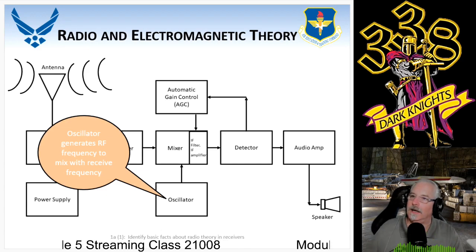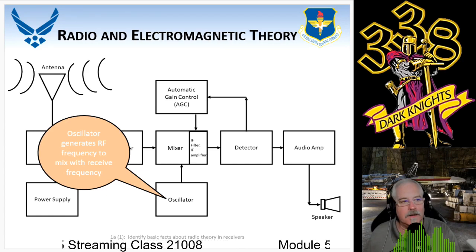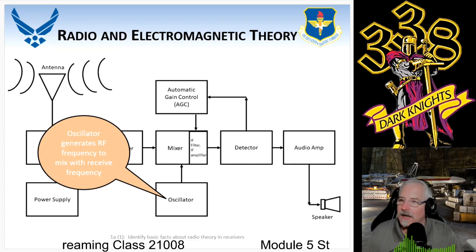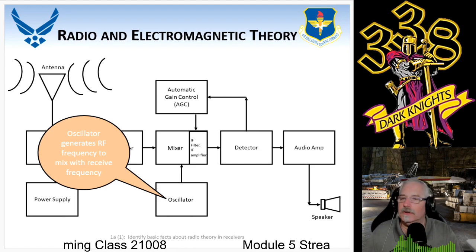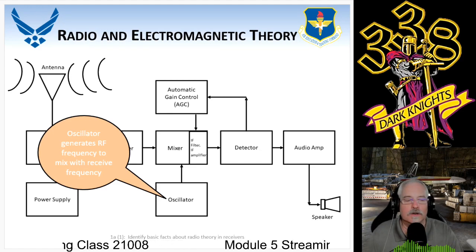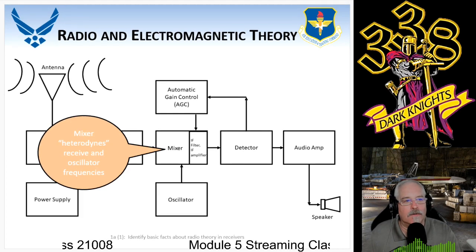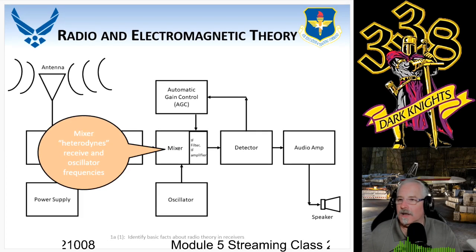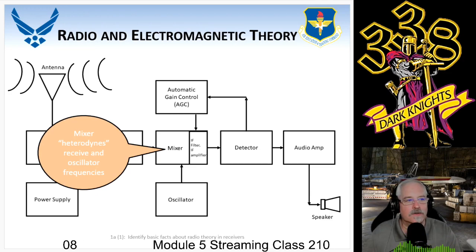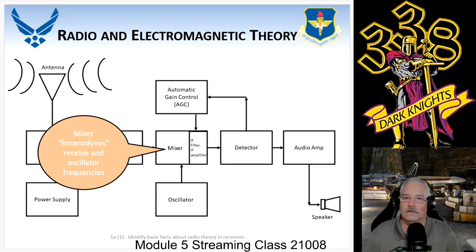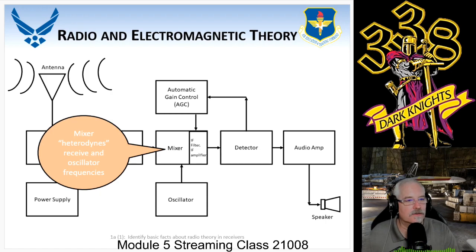When that power hits the oscillator, it's going to gin up, get stabilized, and then generate that frequency that I want to mix with the RF frequency. That receive frequency is then going to heterodyne with the oscillator and give us 4 different frequencies.